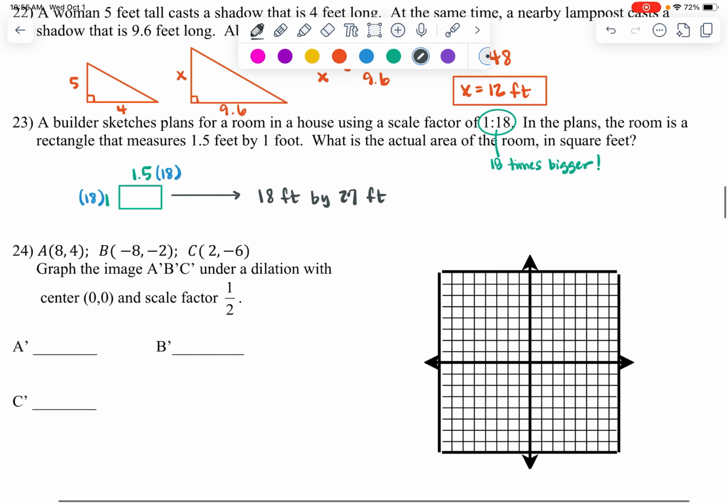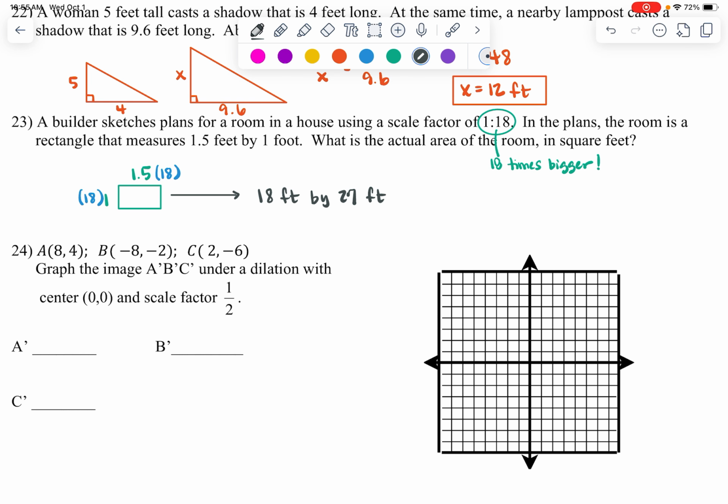And we're not done because it asks for the actual area of the room. Well, remember, area is just base times height, so we're just going to multiply 18 times 27. And we get 486. And remember, it's area, so we hop up a dimension, so square feet.